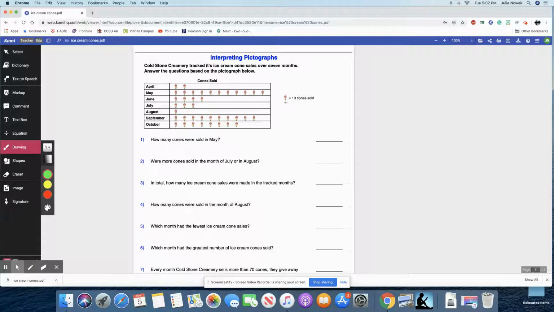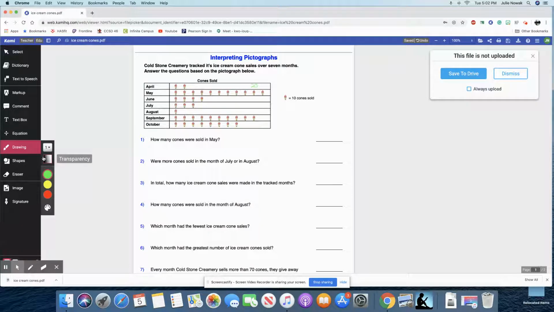Each ice cream cone equals 10. So I can say 2 times 10, or skip count by 10, 10, 20. So I know that I sold 20 in that month. And I'm going to write it down so I don't have to re-add that again or re-multiply it.